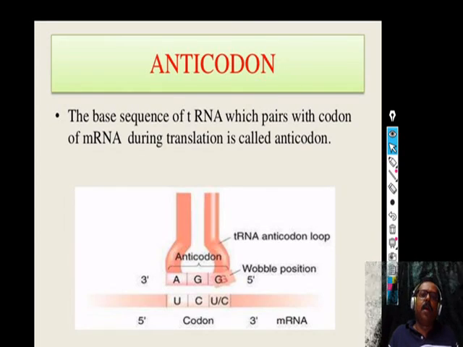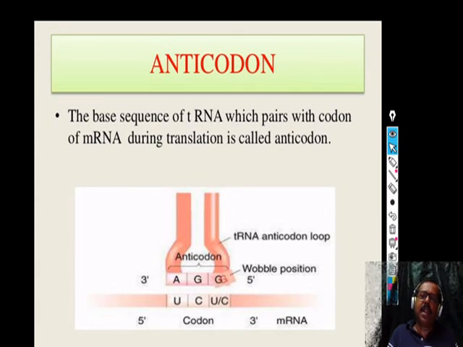Now, what is an anticodon? This is another important concept. There is tRNA, transfer RNA, which has the anticodon loop and the anticodon. It is just the reverse of the codon.